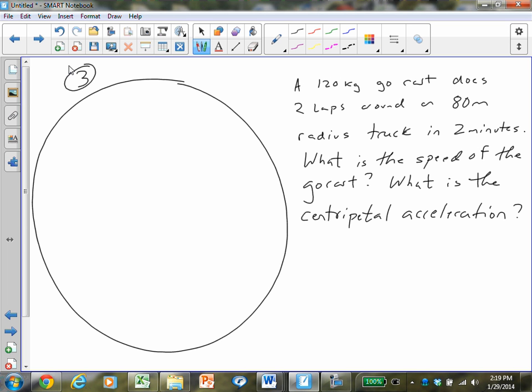What is the centripetal force needed to keep the go-kart on the circle?